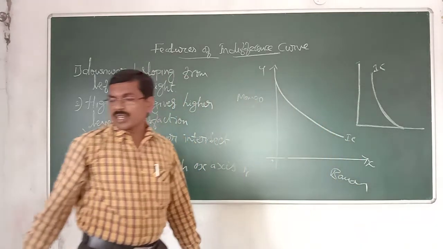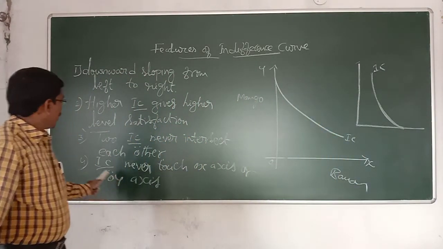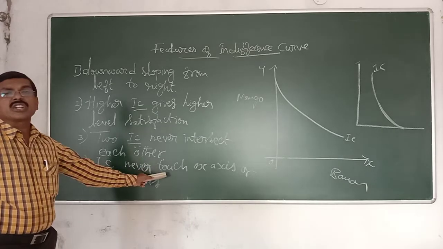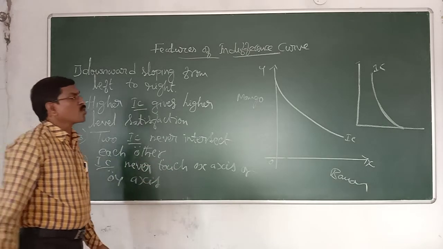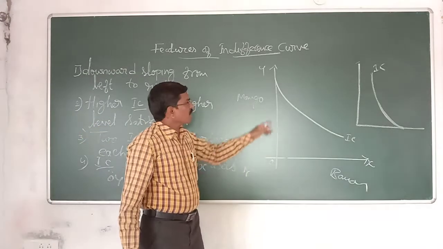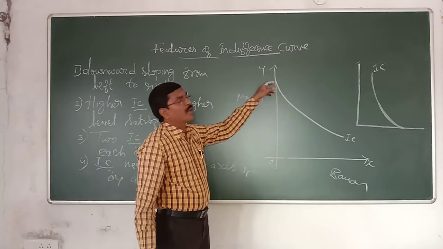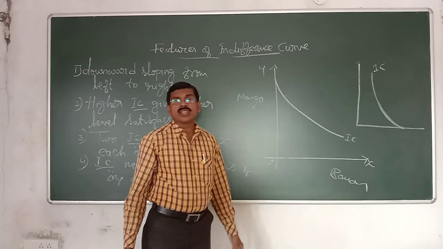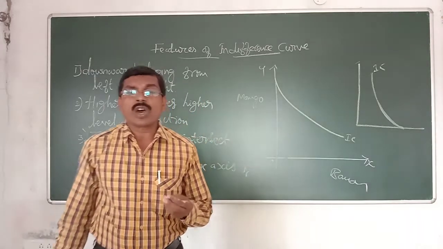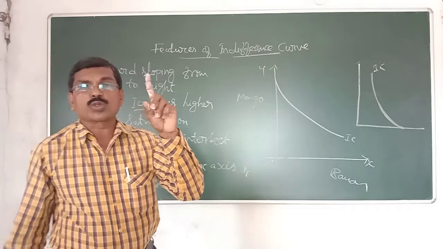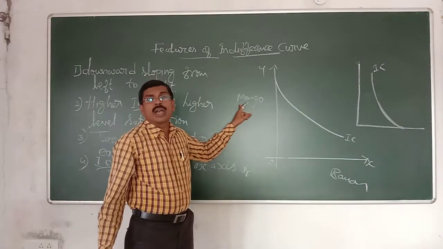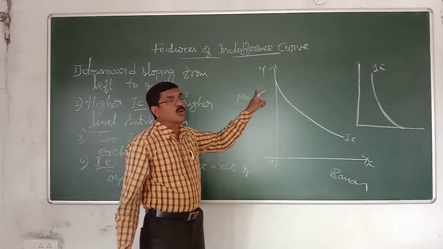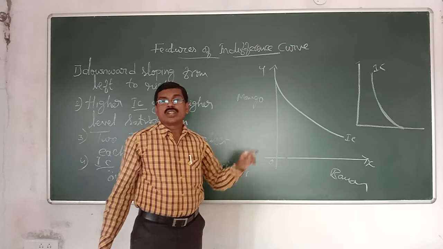So in this diagram we know that the indifference curve never touches the OX axis or the OY axis. In this diagram the IC curve touches the OY axis but not the OX axis. It states that a consumer purchases only Y goods, mango only. If a consumer purchases just mango only, it is not possible.